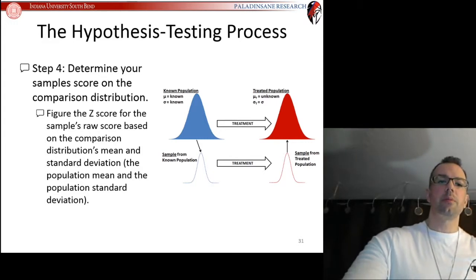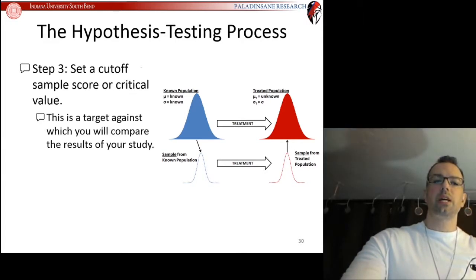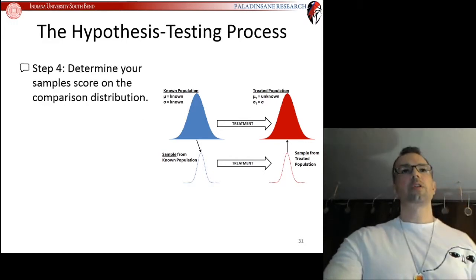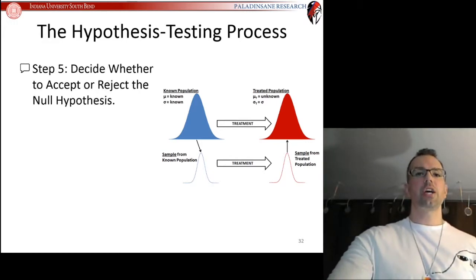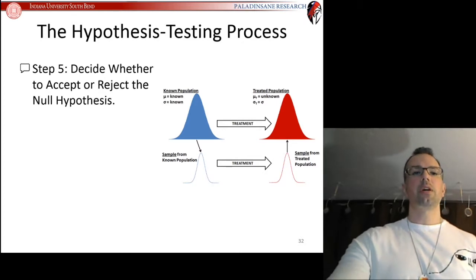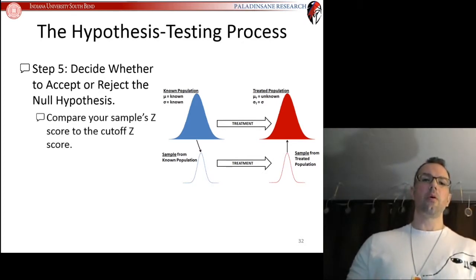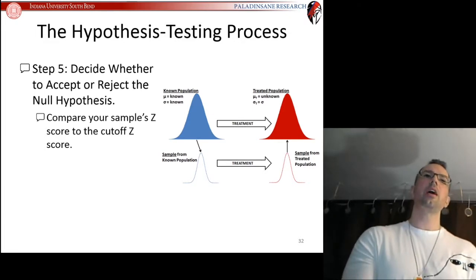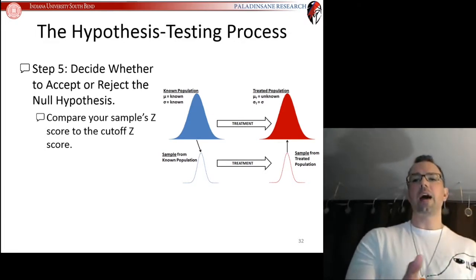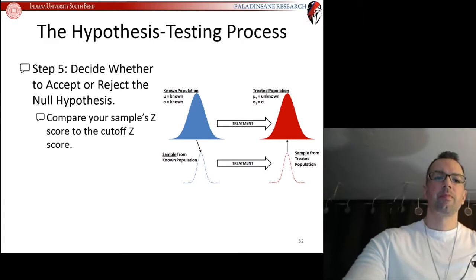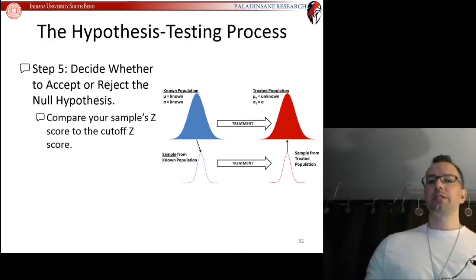And then finally, when we determine our sample score on the comparison distribution, we then compare that to that line in the sand that we drew in step 3, and then we make our final decision on whether or not we're going to accept or reject the null hypothesis. So we compare our sample z-score that we calculated in step 4 to the cutoff z-score that we figured out in step 3.